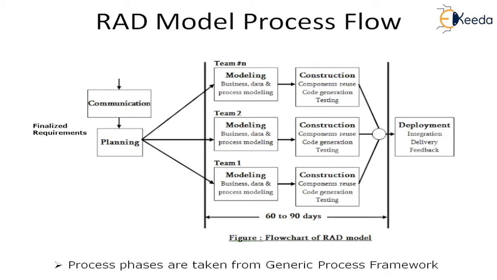The communication is requirement finalization, and the planning is the project planning activities. Mainly in this case, it is the division of the scope of each of these components or subsystems, and assigning them to the different teams. Several plans are made at the same time. Then we go to the modeling and the construction.